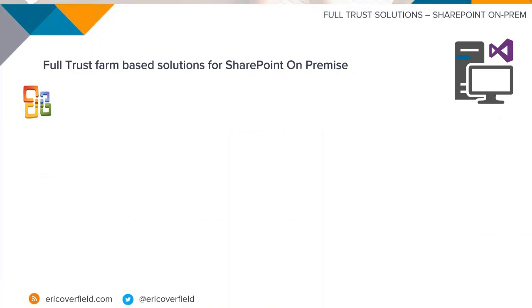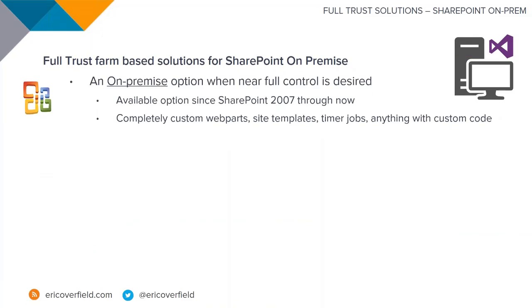So the traditional SharePoint models that are still relevant today. Of course, we can start at the FullTrust farm-based solutions. These are solutions that we've been building since really 2007. It is an available option, something we can still use today on any on-prem environment that we have. If we're hosting our own SharePoint 2010 through SharePoint 2016, we can still build our own FullTrust farm-based solutions, and they work.